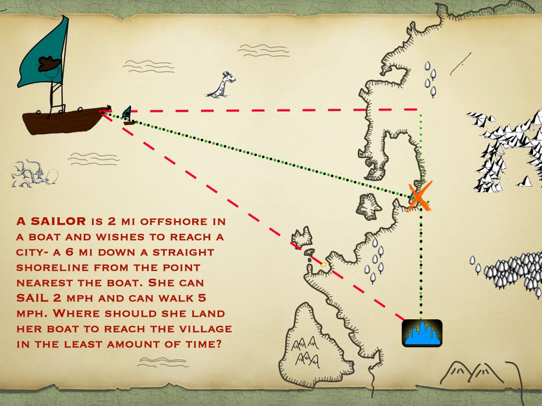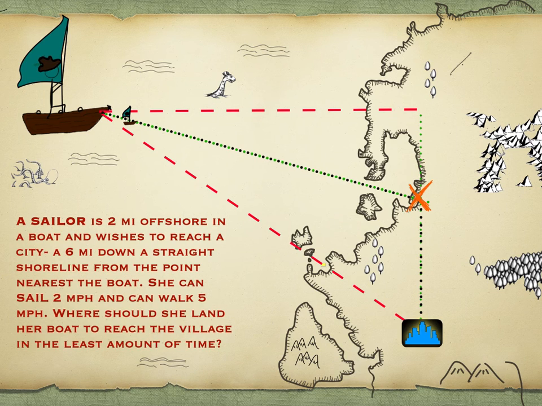So what that means is we want to come up with a point on land where that x is. It could be a little bit above that or a little bit below, such that when she lands there, it's going to be the least amount of time between sailing and walking to that village.